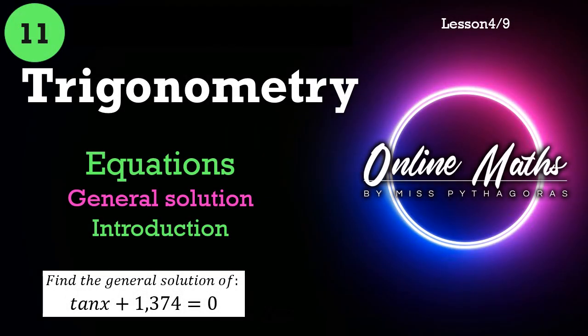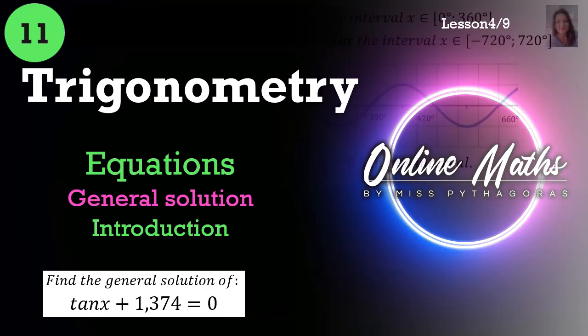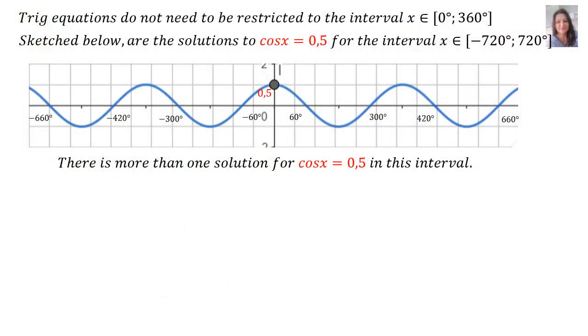Hello everybody, in this lesson I will introduce general solution in trig equations and I will deal with the example below. Trig equations do not need to be restricted to the interval x is an element of 0 up to 360 degrees.